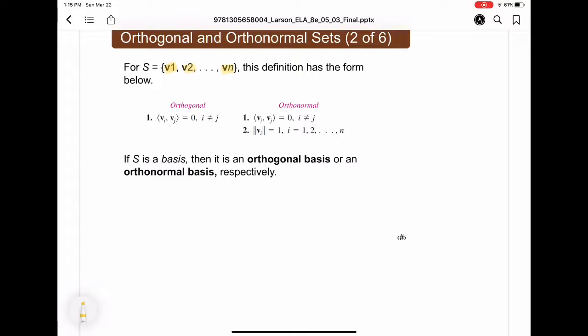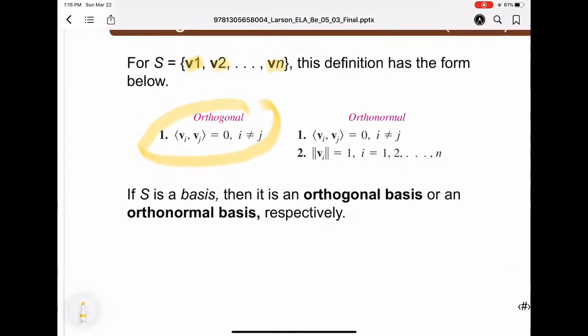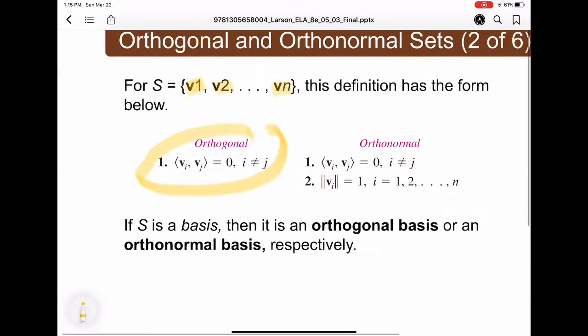Another definition of orthogonal and orthonormal sets can be rewritten in the following form. Orthogonal means that if you pick arbitrary vectors vi, vj, they are orthogonal, meaning their inner product is 0. And orthonormal: the first condition is inner product is 0, and the second condition is norm equal to 1.